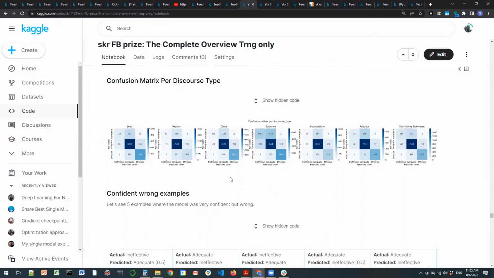Yeah, as I said, what he does identify is that the ineffective to adequate split is where most of the errors occur, and that is true regardless of the discourse type. Yeah, I see. But for some of the types, it's very strong. For example, for counterclaim, it almost always predicts ineffective. Yeah, that's interesting.